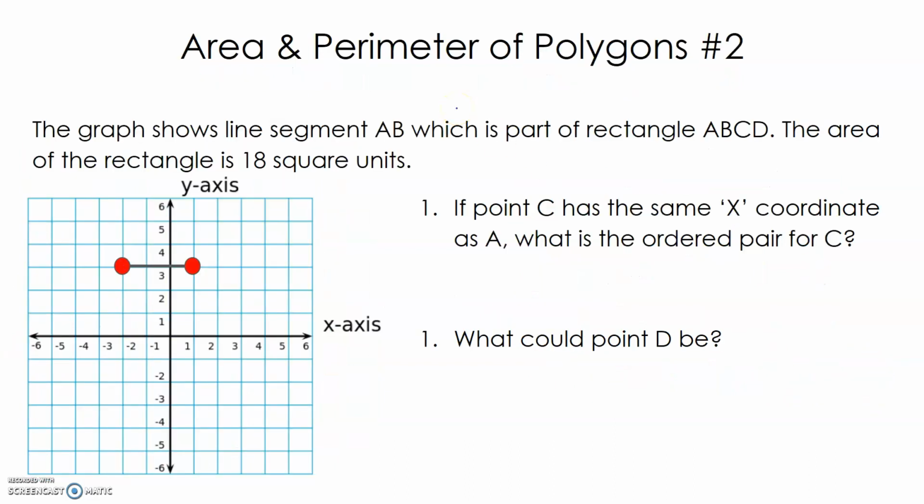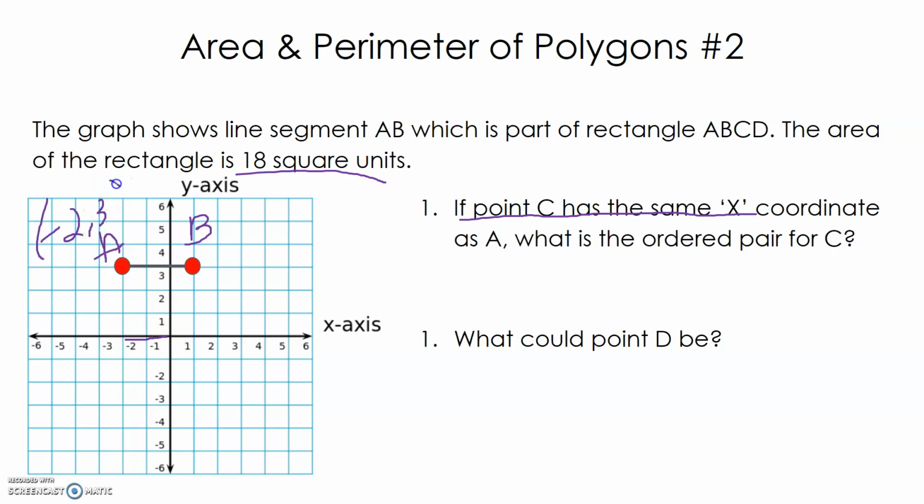Let's look at number 2. This graph shows line segment AB, which is part of rectangle ABCD. The area of the rectangle is 18 square units. If C has the same x as A, what is the ordered pair for C? If I label these A and B, I'm just going to find the ordered pair for A. It is (-2, 3).